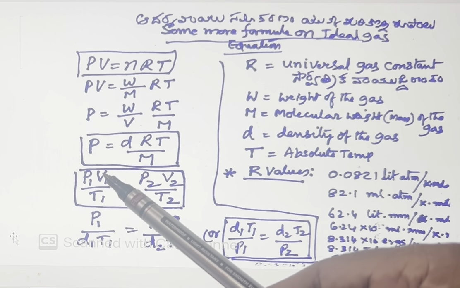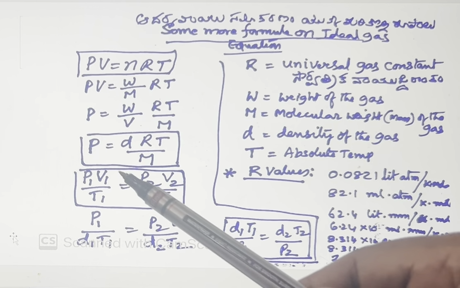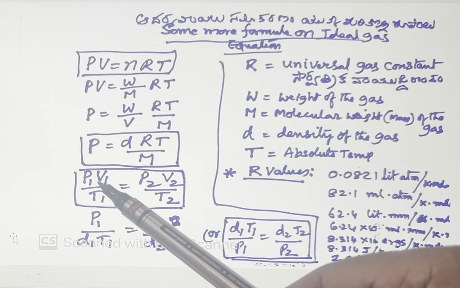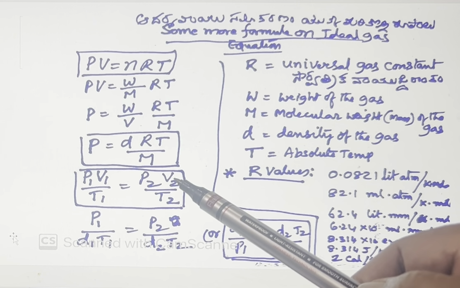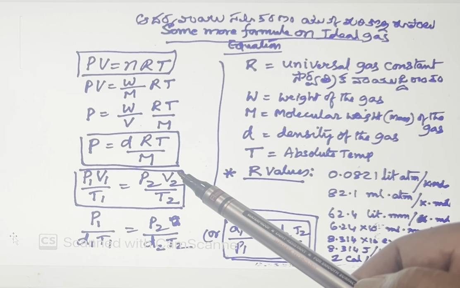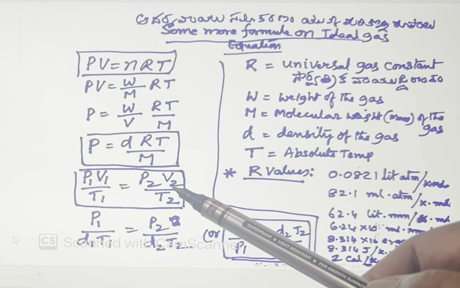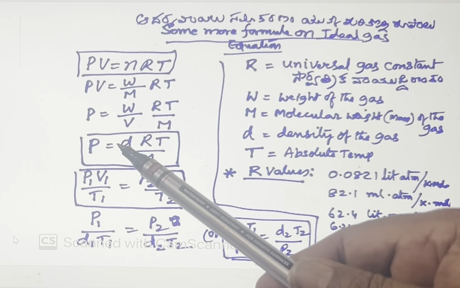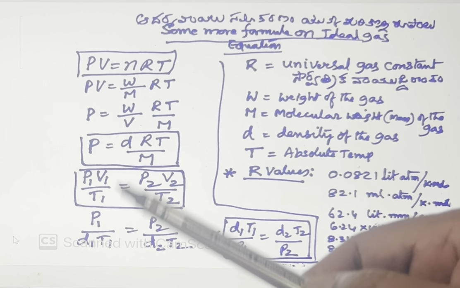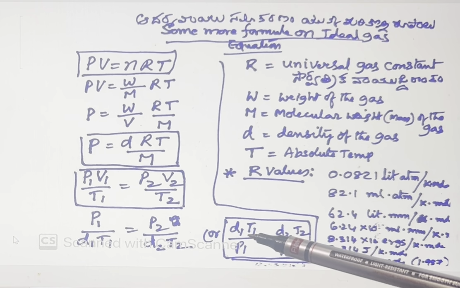Similarly, this is the combined gas law, P1 V1 by T1 is equal to P2 V2 by T2. If you know P1 V1 T1 in one stage, you can find one term if you know the other two terms, and the STP volume can also be calculated by this equation. Similarly, P1 by d1 T1 is equal to P2 by d2 T2, which we have already seen.